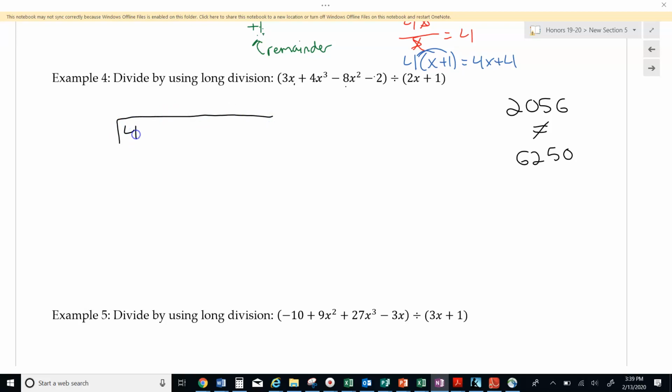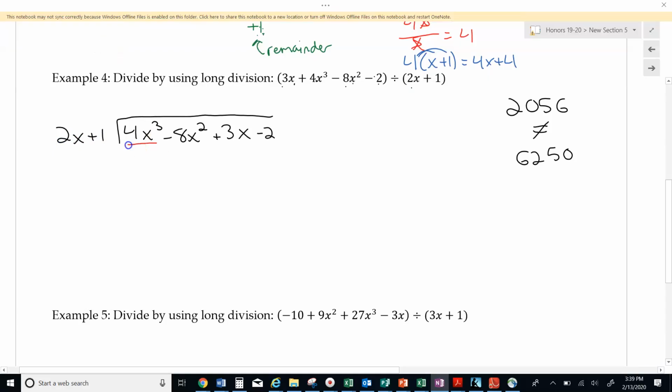So I have 4x cubed, then minus 8x squared plus 3x minus 2. And on the outside, we're going to have 2x plus 1.